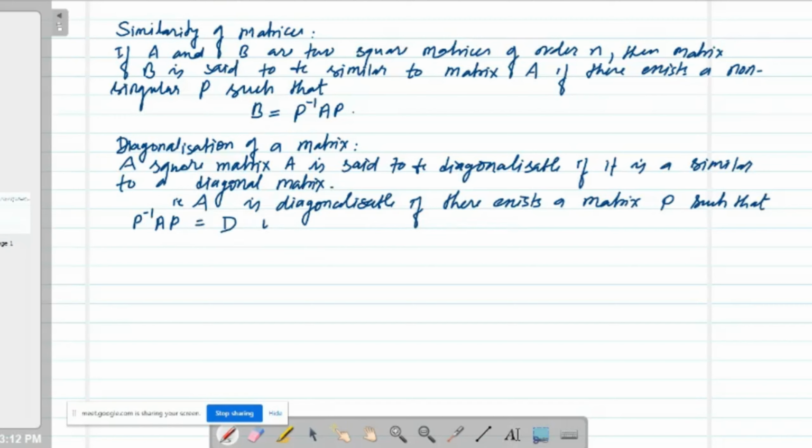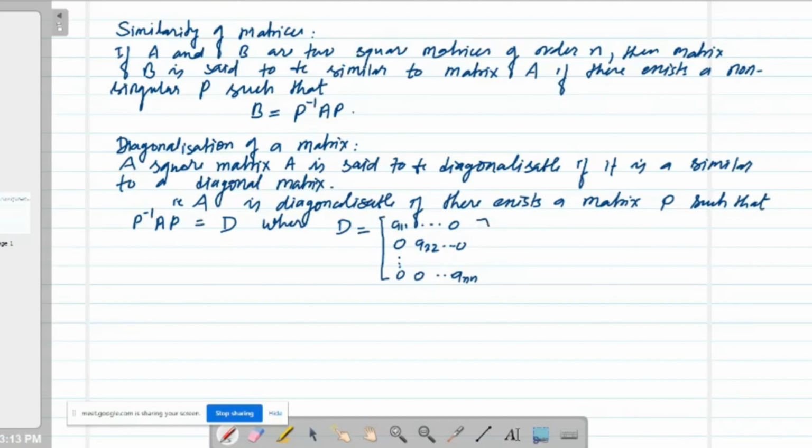where D is your diagonal matrix. How will D look? Like this: a11 up to 0, then 0, a22 up to 0, and like this, 0 and ann.